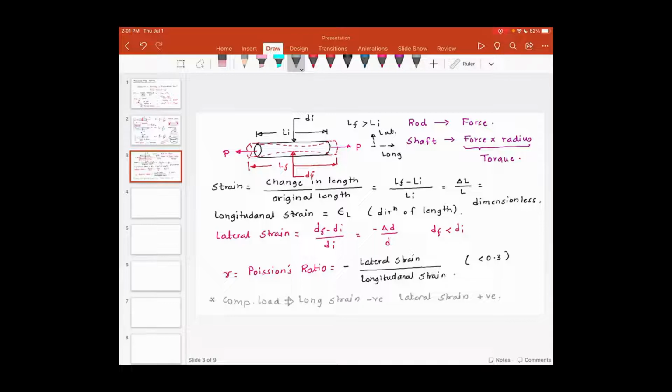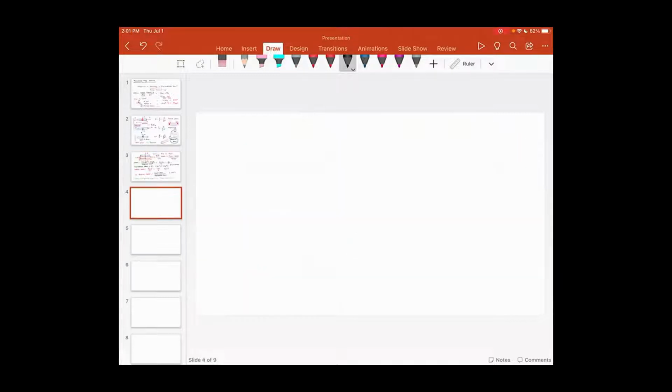The other thing which you probably studied, but I'm going to cover it anyway, is that in the elastic limit, the ratio of stress versus strain is called Young's modulus.